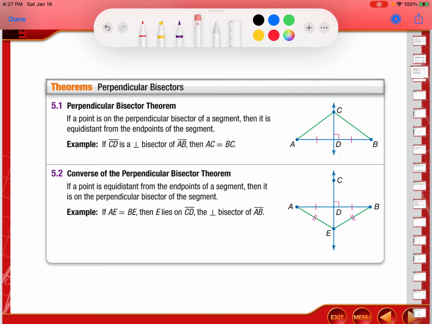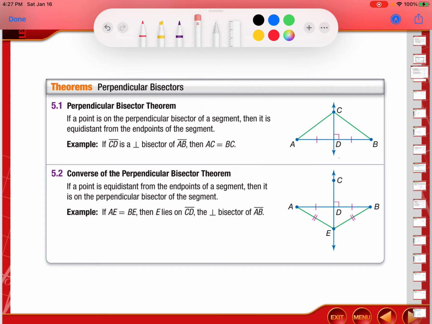So the converse of the perpendicular bisector theorem says that if a point is equidistant from the endpoints of a segment, then it is on the perpendicular bisector of the segment.